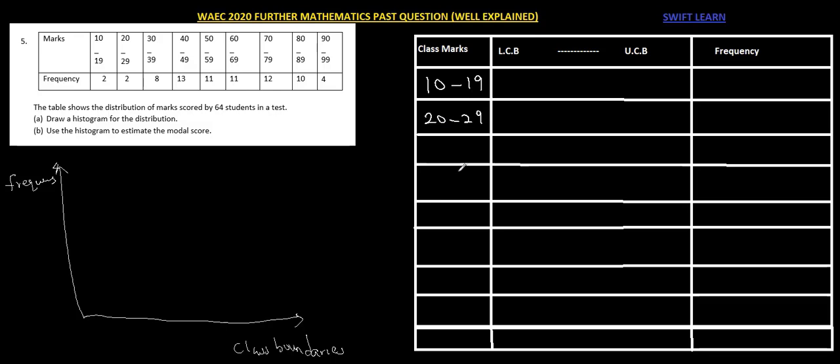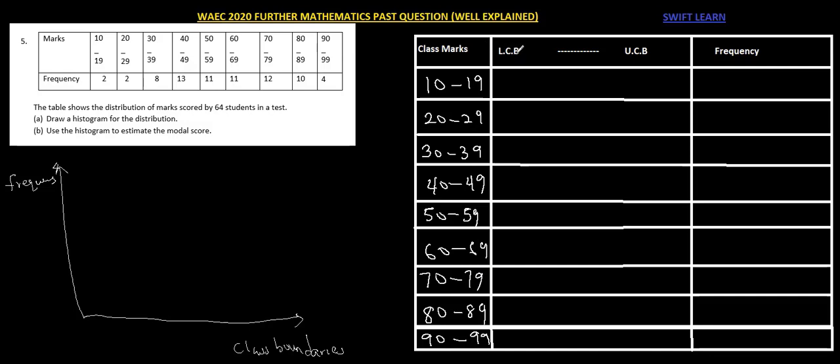These are the class marks. I prepared the table before: 30 to 39, 40 to 49, 50 to 59, 60 to 69, 70 to 79, 80 to 89, 90 to 99.